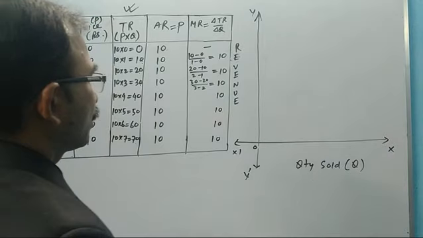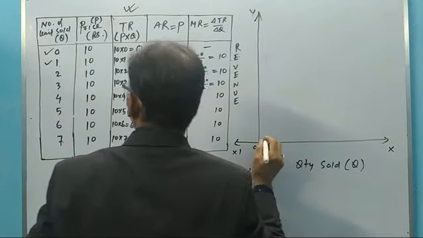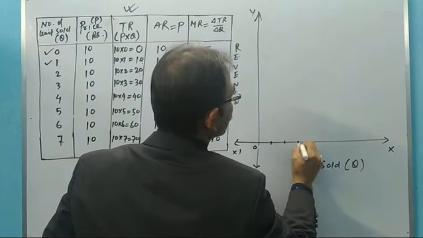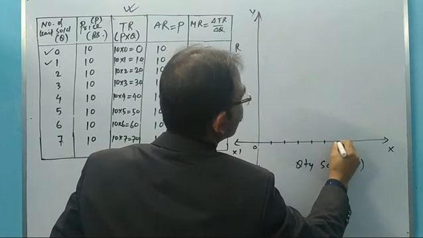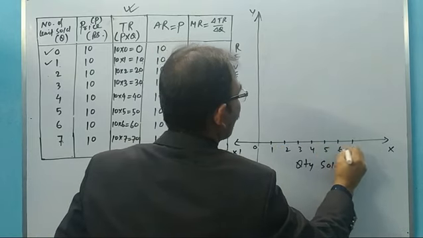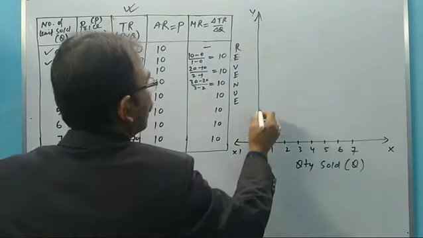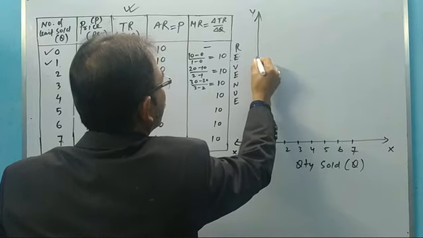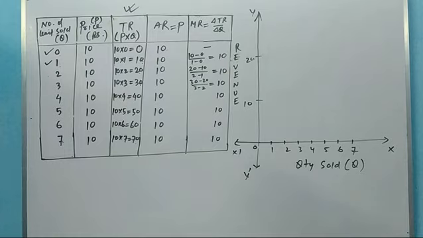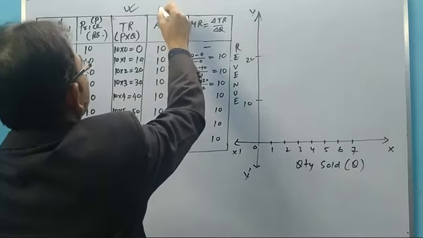So the units of total selling are from 0 to 7. So 0, 1, 2, 3, 4, 5, 6, 7. And here 10, 20, I am taking the revenue. So the AR curve is over.